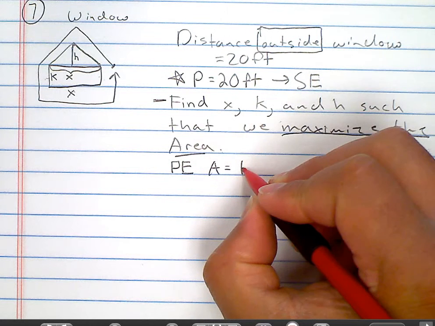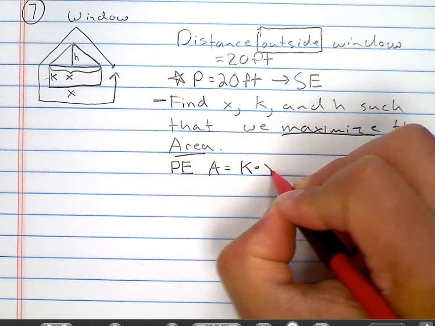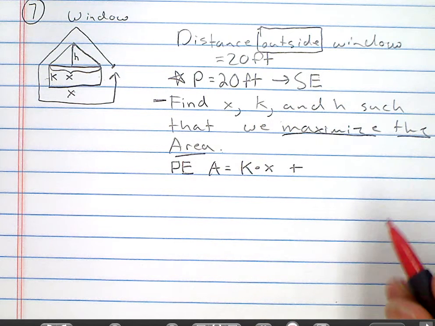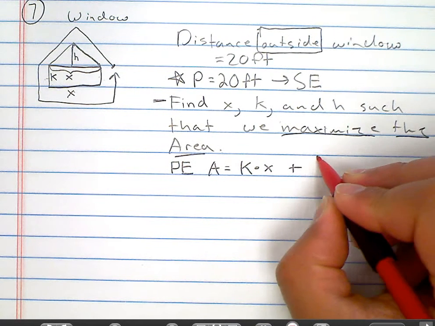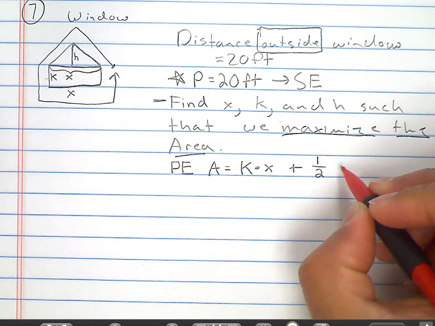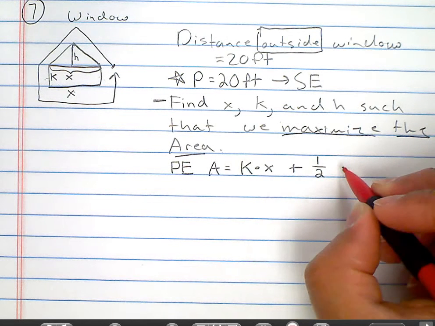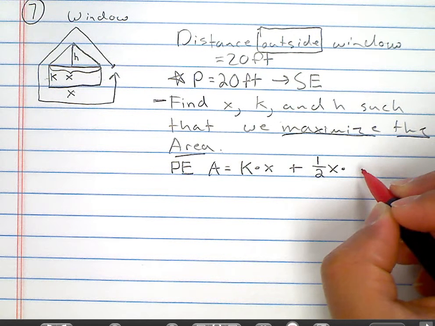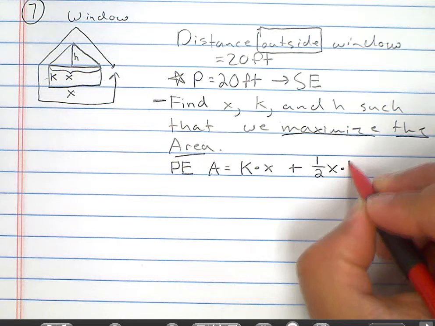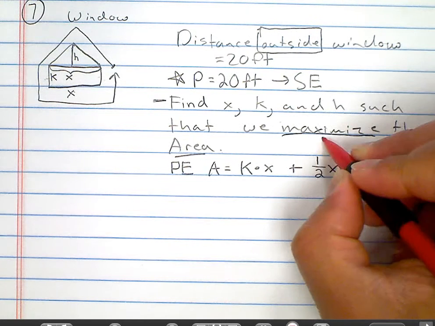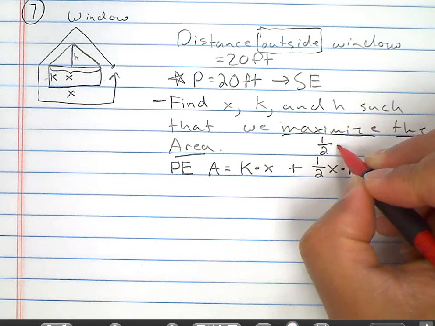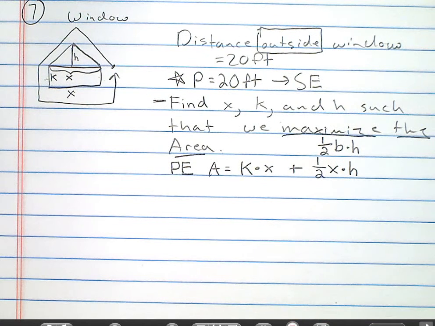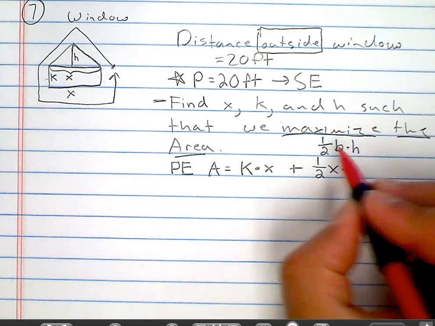K times X plus the area of a triangle, which is 1/2 base times height, because a regular triangle's equation for area is 1/2 base times height. So it's going to end up being 1/2 X times H. That's the regular equation right there.